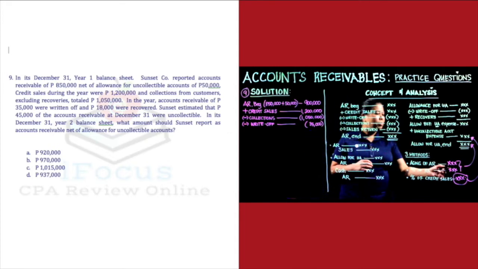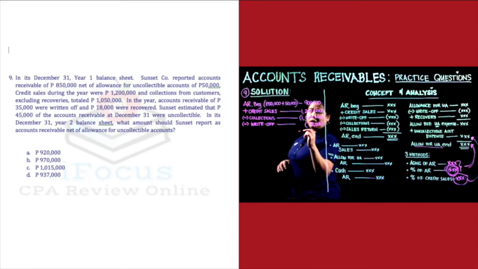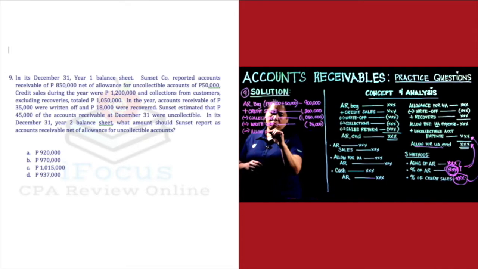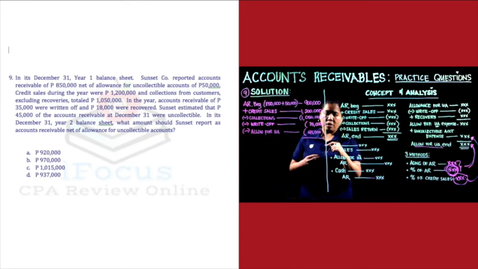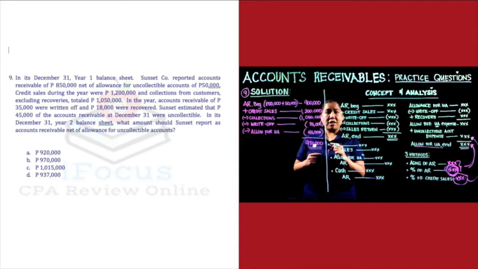So, binigay na yung mismong amount ng uncollectible. So, ito na po ang ating ending balance ng ating allowance for uncollectible accounts. Yan na rin po ang ima-minus natin dito to get our accounts receivable net of allowance for uncollectible accounts. Alright? So, our answer is 970,000. And our answer is letter B.